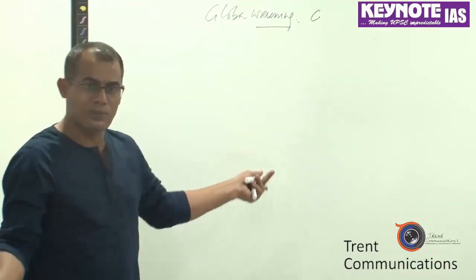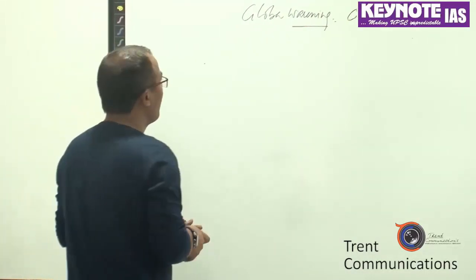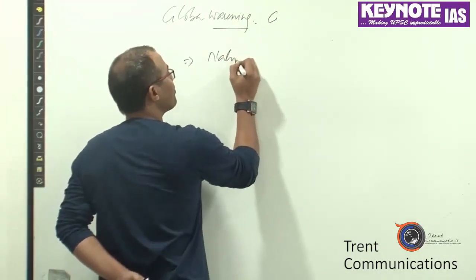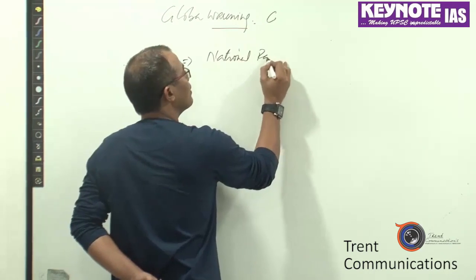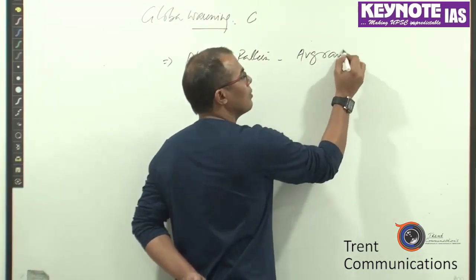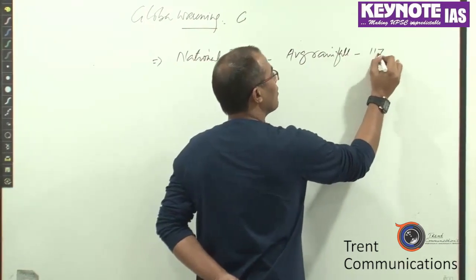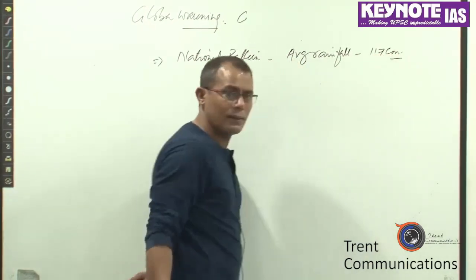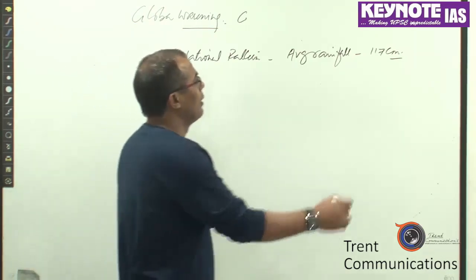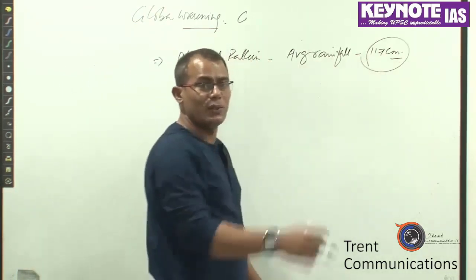You can make a flow chart of this pattern also. Then national pattern, begin with average rainfall, roughly 117 centimeter, right? Some books write 110 also. Now you talk about variation in it.